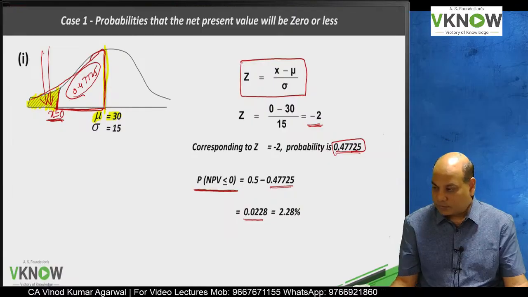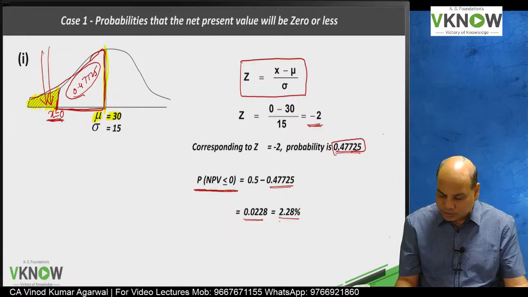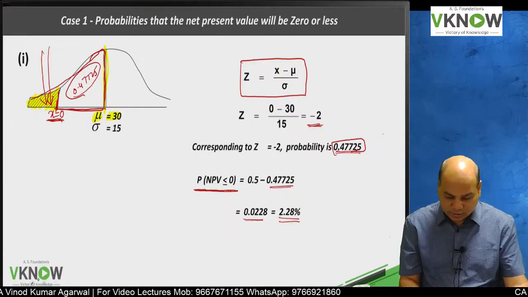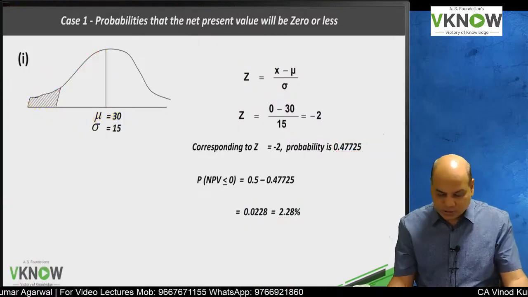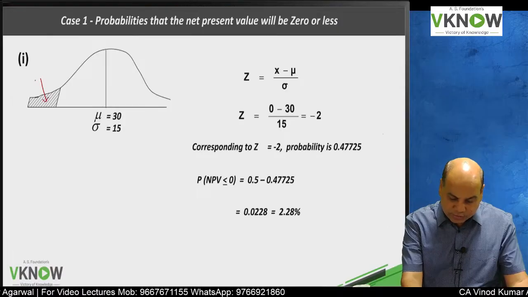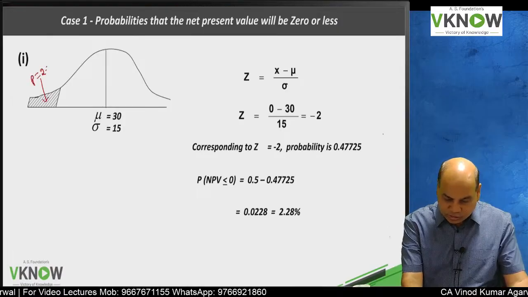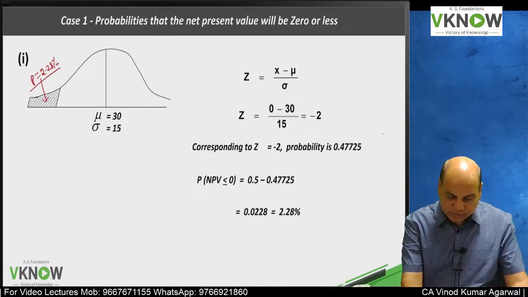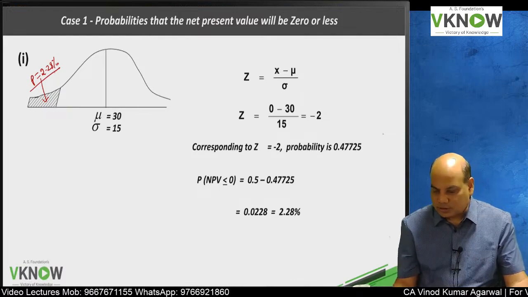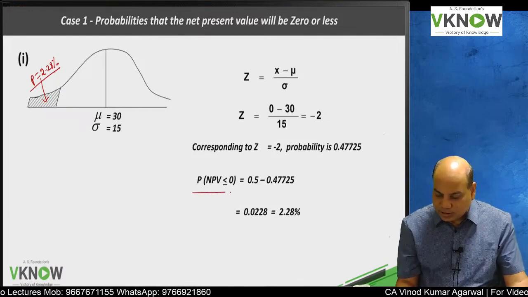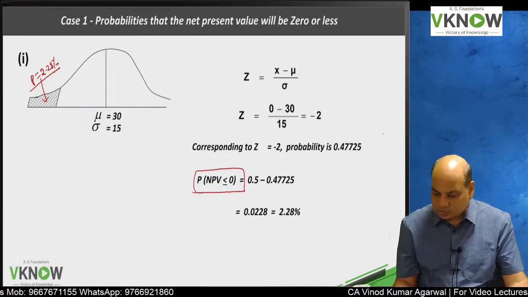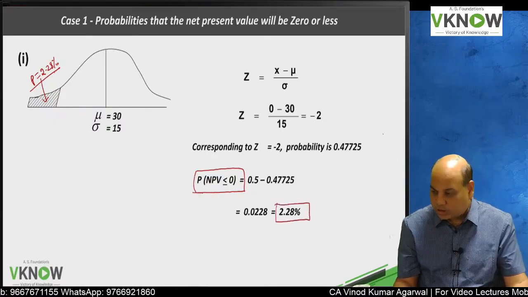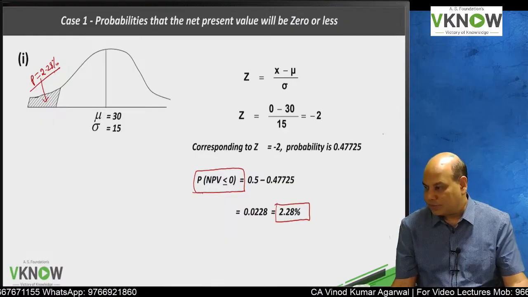So therefore approximately 2.28%, which means the probability of this area is 2.28%, which means you will get a negative NPV. 0 or less than 0 has 2.28% probability.